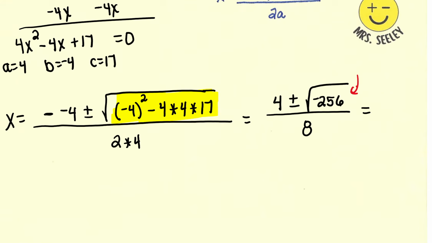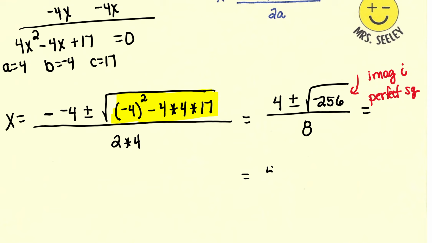So I'm going to pull out the imaginary unit, or the i. And then also, and you might not think about this, but that happens to be a perfect square. So you might want to check on your calculator as you work one of these problems, especially if it's a large number, because you might not be sure.